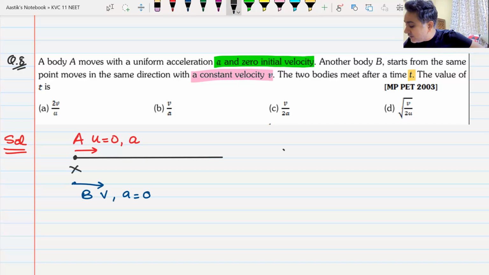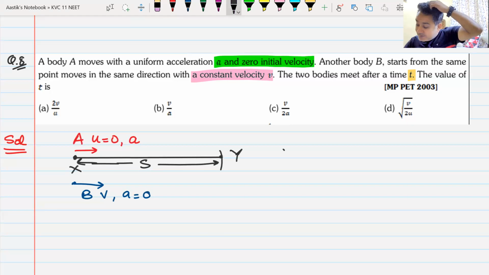Let us suppose that they meet at this point Y and the distance of this point, let us say, is S. And they meet each other at the same time.